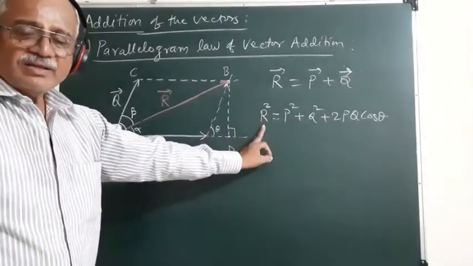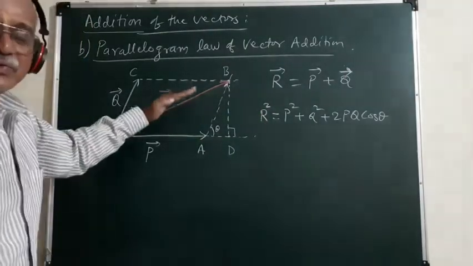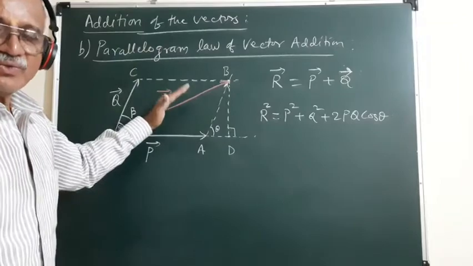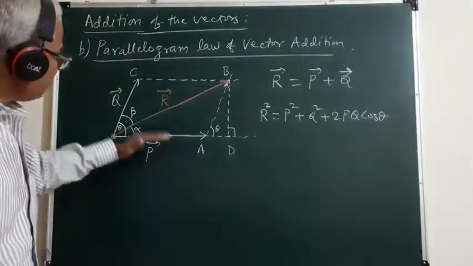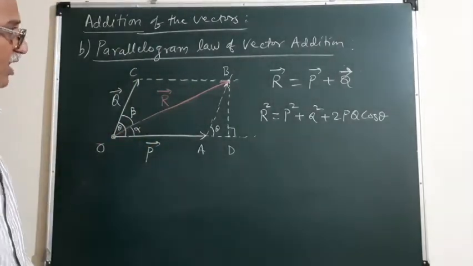Here this R represents the magnitude of this resultant, which represents the sum of the two given vectors P bar and Q bar.